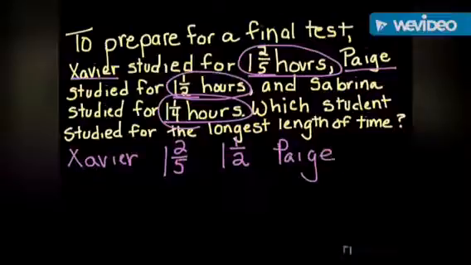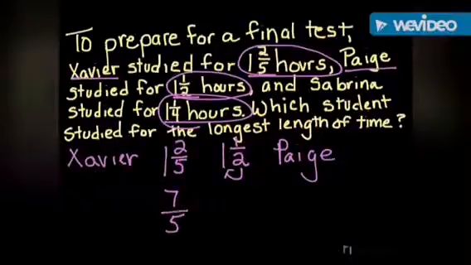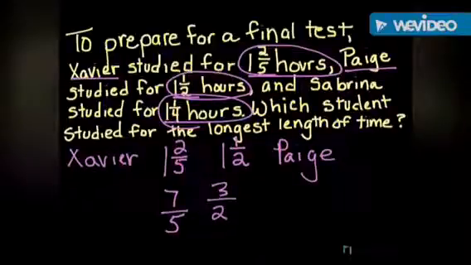So I'm comparing fractions. So I'm going to change these to improper fractions and use the butterfly method. 5 times 1 is 5, plus 2 is 7. 2 times 1 is 2, plus 1 is 3. So I would have 3 halves.